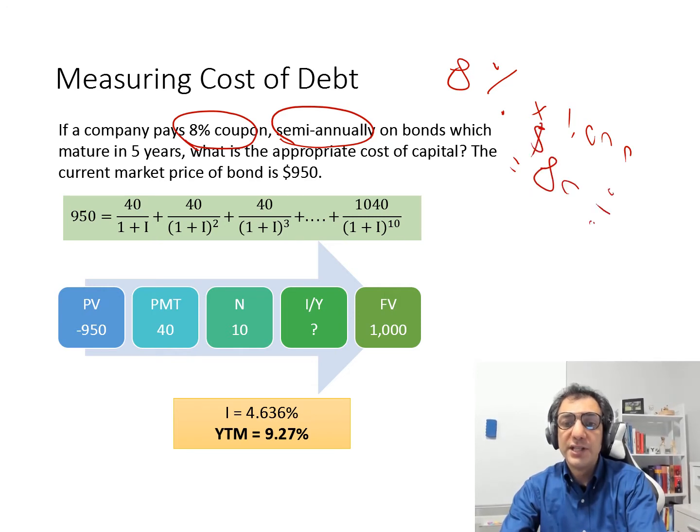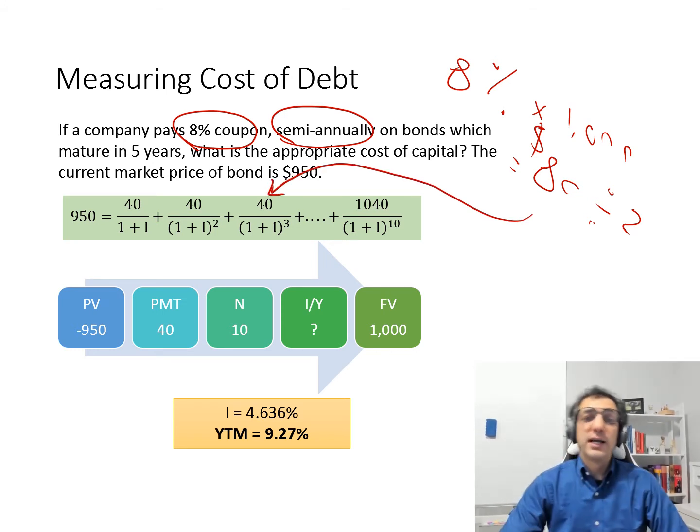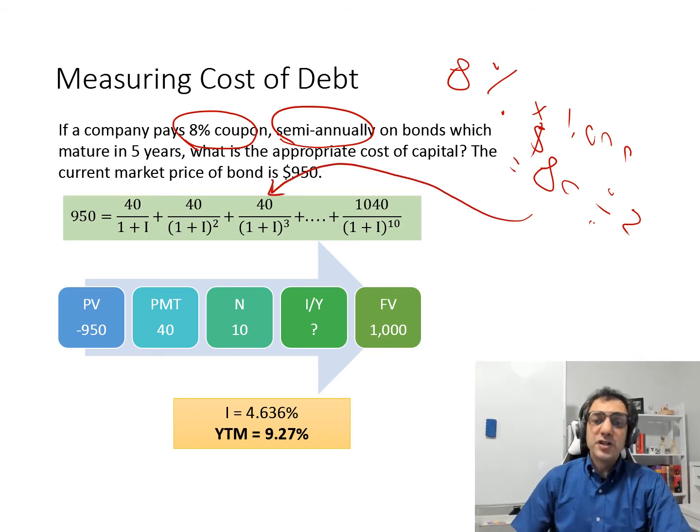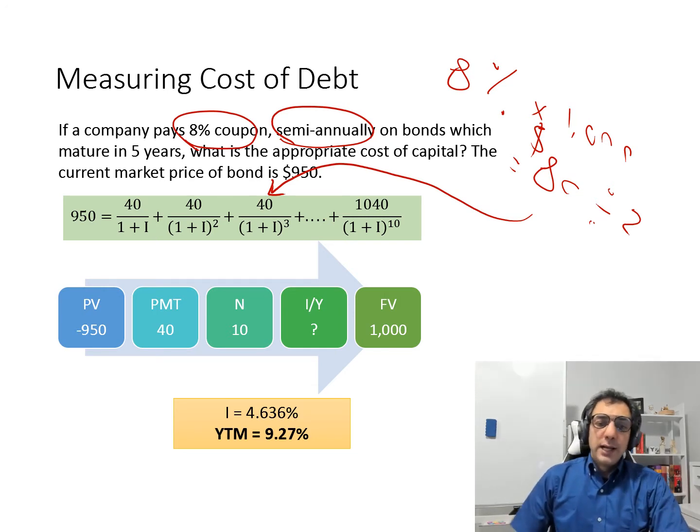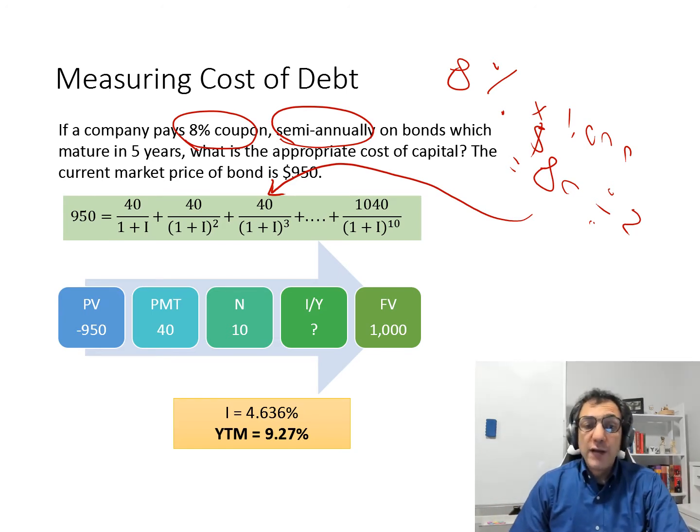However, since this is semi-annual, you have to divide it by 2 to find the semi-annual payment. Every 6 months, the company is paying $40. The expiry date on this bond is 5 years from now. So your N should be 5 years, and you're looking for the cost of capital.